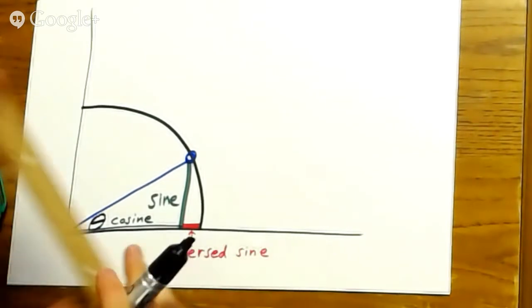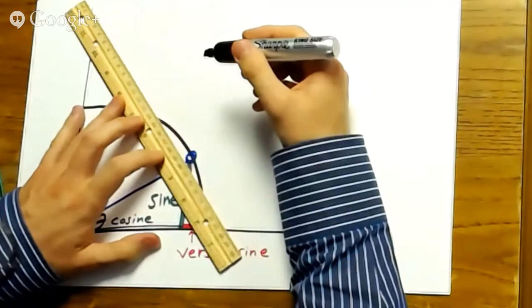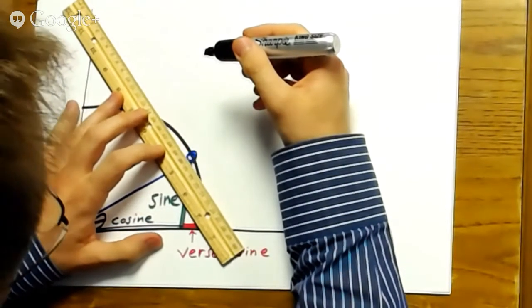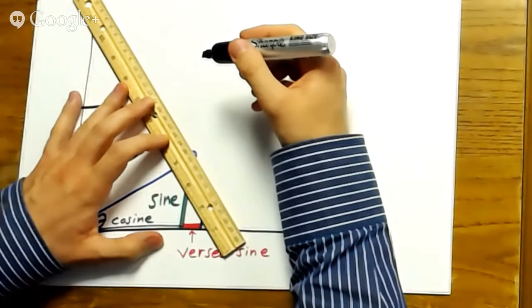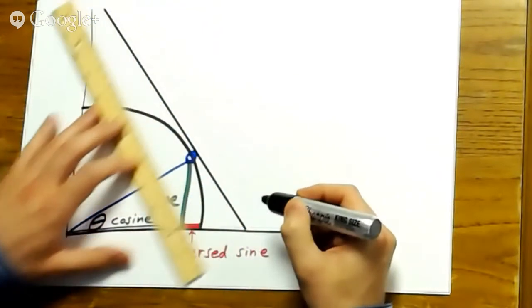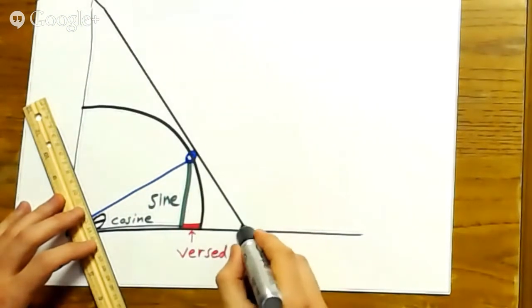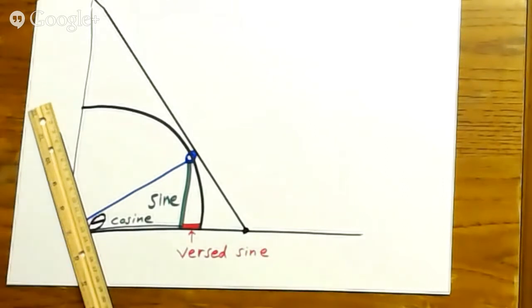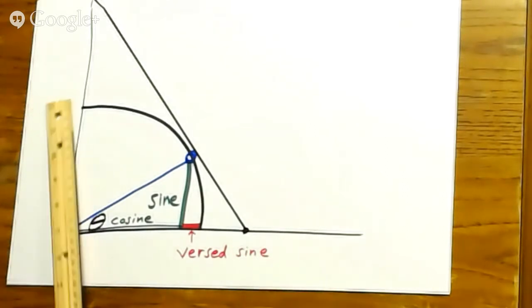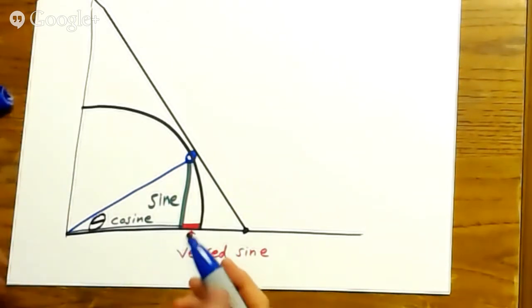If we draw a normal, draw the tangent here. I'm drawing that pretty tangent here. Okay, looks good. There's another length that Kepler uses, and it's this one here.